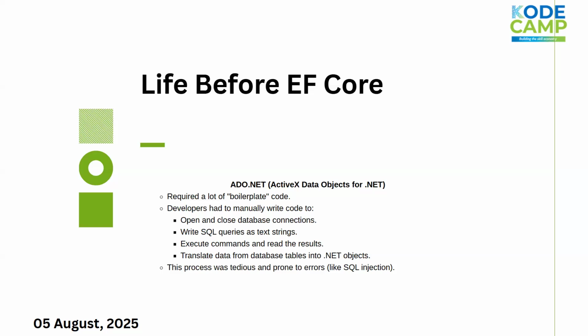You also needed to write SQL queries for creating an object and executing it, and then manually read through all the results. So for every operation, you would write a long list of queries, which was not ideal at all.